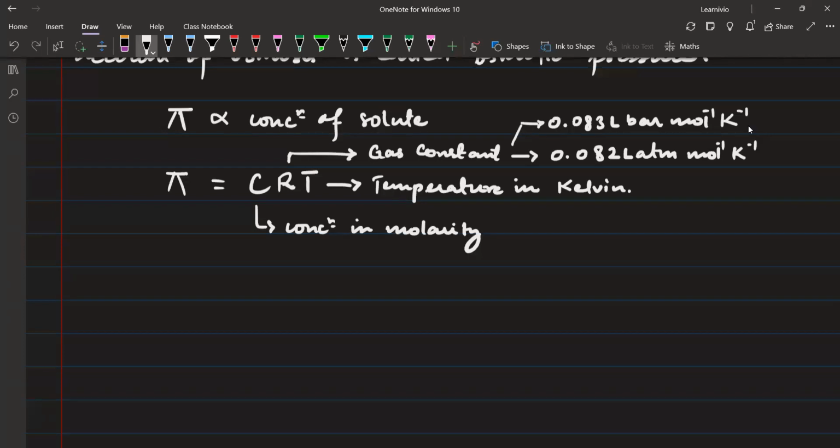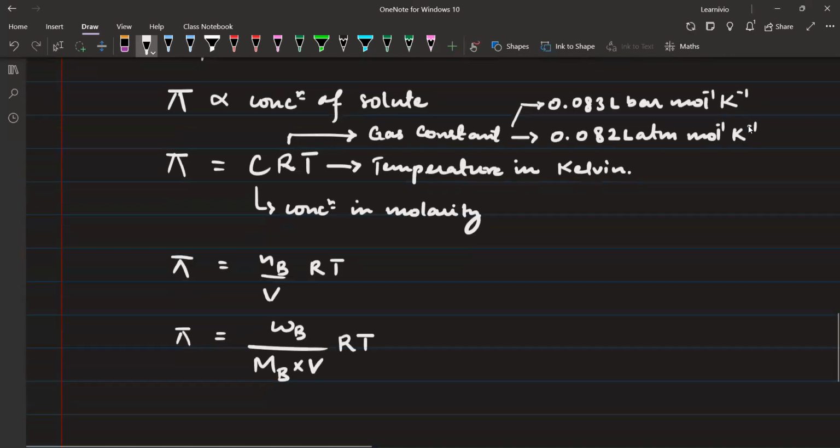Now, if I expand this, then we can write pi equal to the number of moles of solute divided by the volume of solution into RT. Expanding even more, pi is equal to the given mass upon the molar mass of the solute, multiplied by the volume of solution into RT.